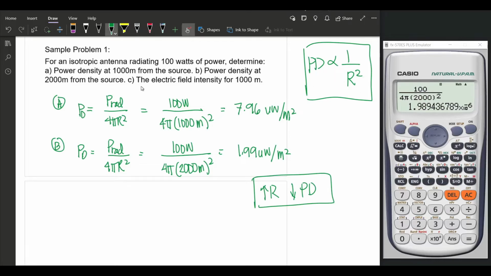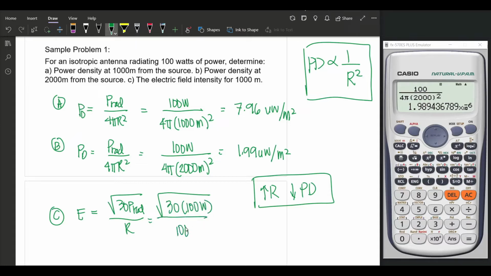Okay? So letter C, meron pa siyang pinapasolve na isa. So what is the electric field intensity for 1000 meters? So yung power nga natin is 100 watts. So we can use the derived formula for part C. So the power radiated will be 100 watts.